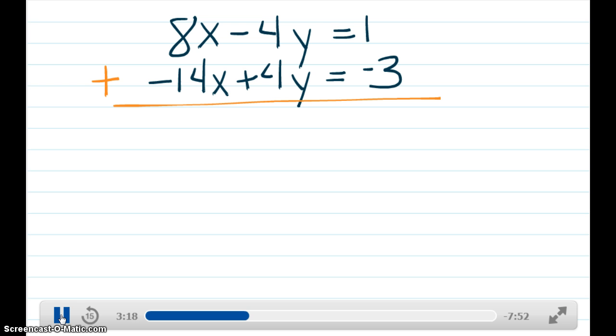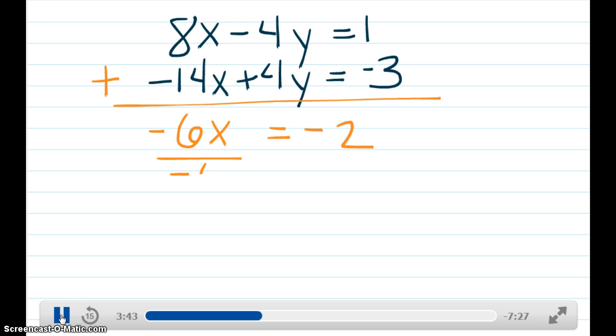So we have 8x minus 14x. Whoops. Drop my pencil. So when we add, we get negative 6x. Here we have a 0 again, and you can put in the 0 or not. And that equals negative 2.